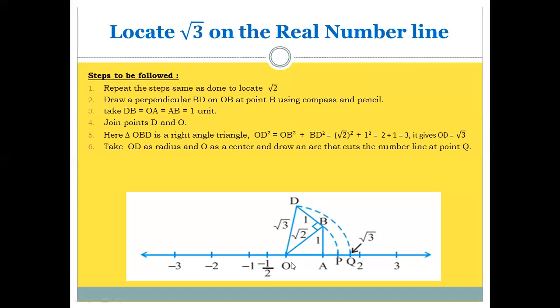So OD and OQ are both the same distance, as we have taken the radius with O as the center. So this is how we have located root 3 on the number line. And again, the steps are not important to write in the examination, but yes, you need to understand all these steps, how we have used them and drawn root 2 and root 3 on the number line.